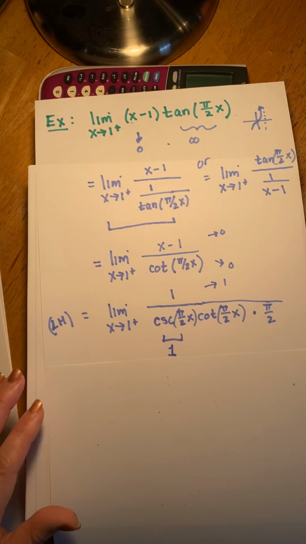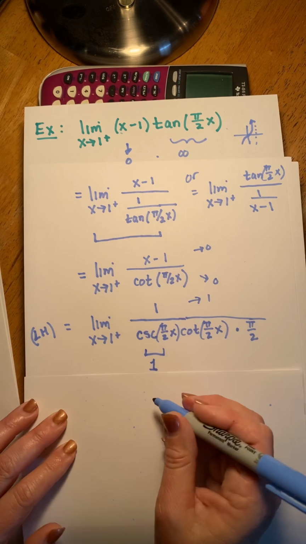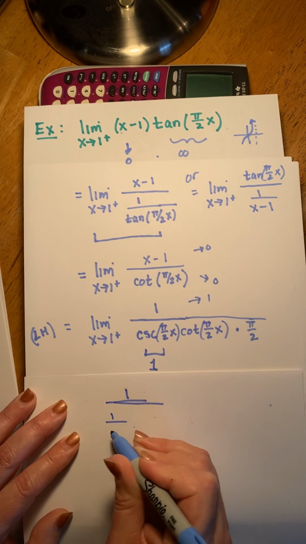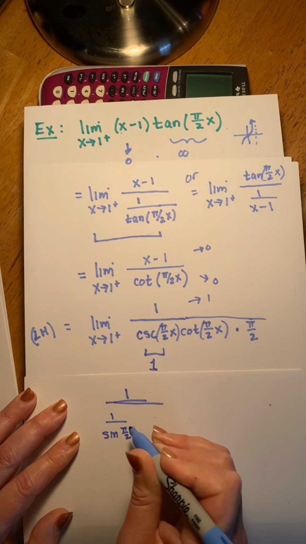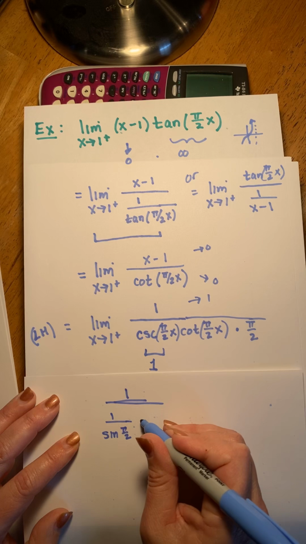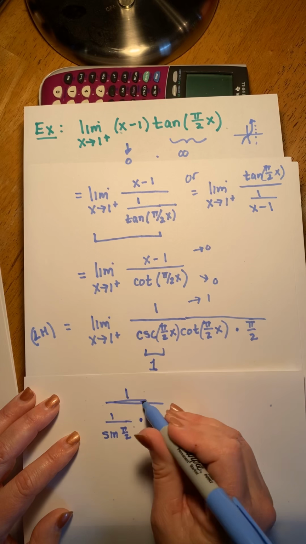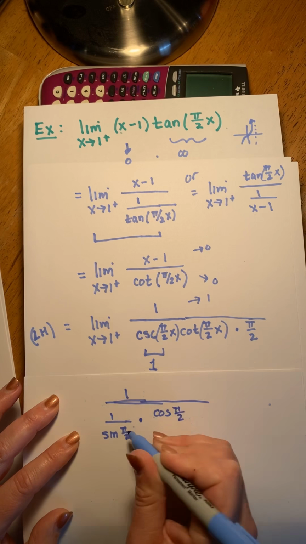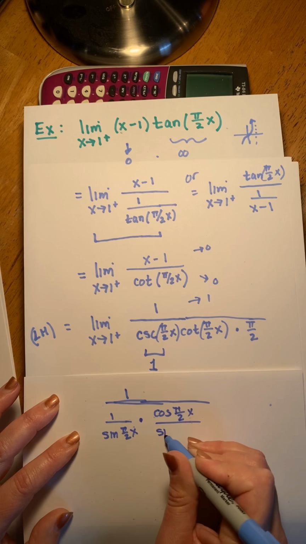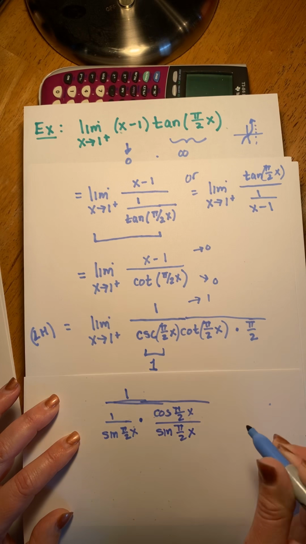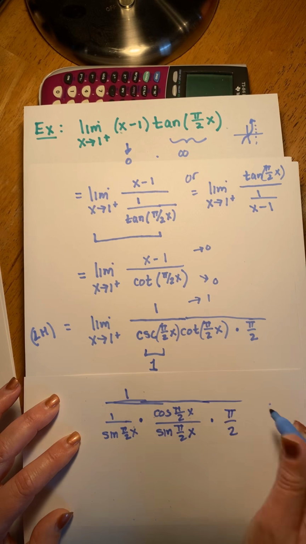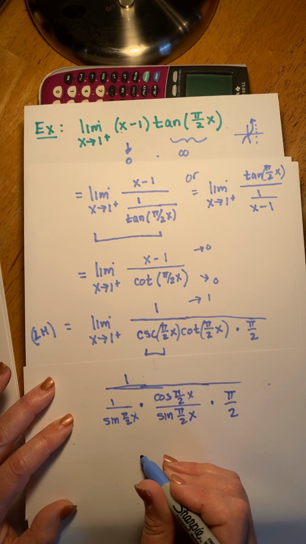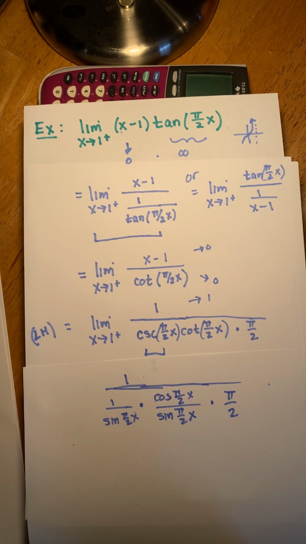I'm definitely not redoing this whole video for this one problem. 1 over the cosecant is 1 over the sine of pi over 2, and then this would be cosine of pi over 2x all over the sine of pi over 2x times pi over 2, and that's going to be sine squared. Oh, wait, I'm not sure. What did I do?